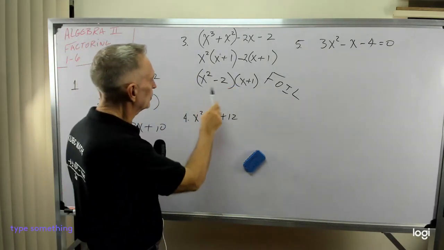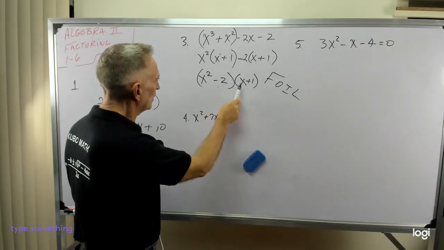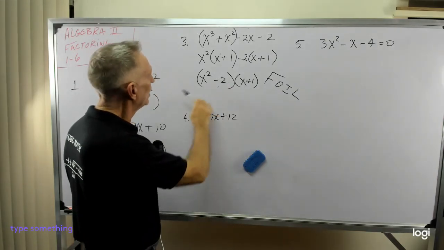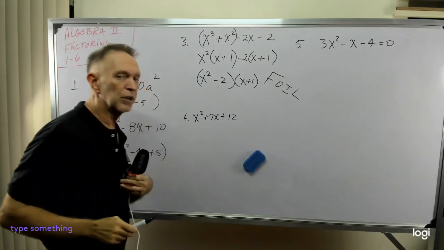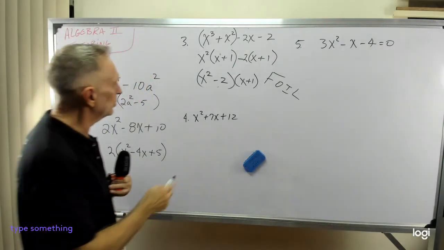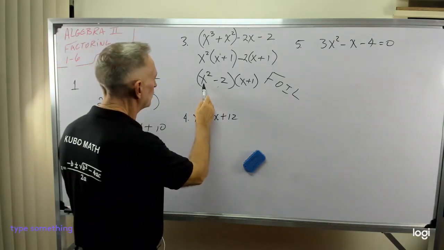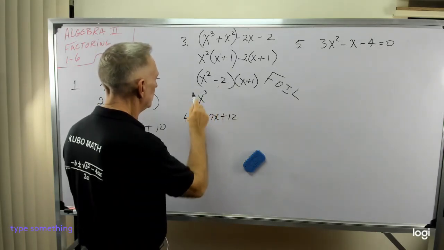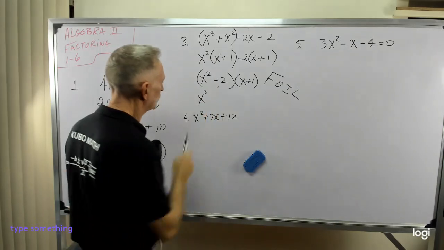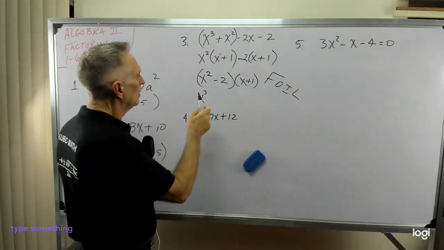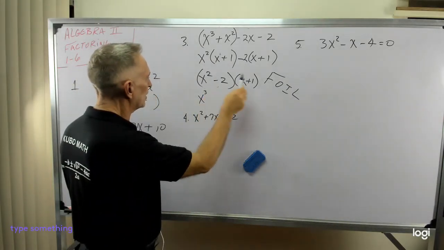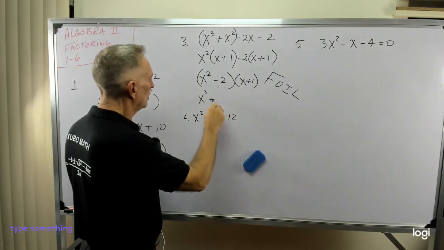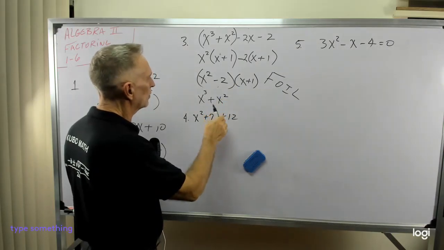First times first, outer times outer, inner times inner, last times last, and see if you get the original equation. So let's do that. First times first, x to the 2nd power times x to the 1st is x to the 2 plus 1, which is x to the 3rd power. The outside is x to the 2nd power times 1, so that's x to the 2nd power.